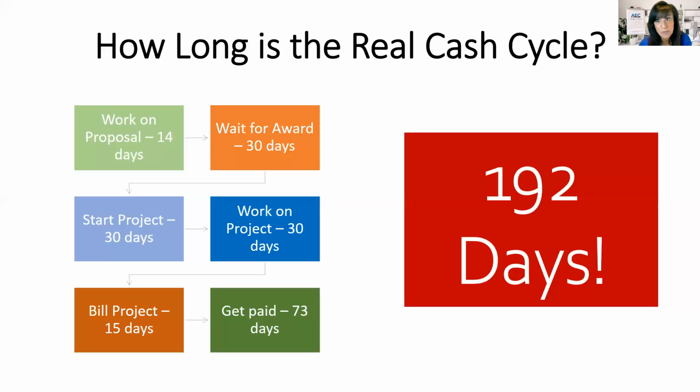You are paying people's payroll throughout this whole cycle for these projects. And so I'm telling you, your true cash cycle for us is really 192 days. That is over 6 months. And if you went and did this calculation for yourself, you might find it's a lot longer.